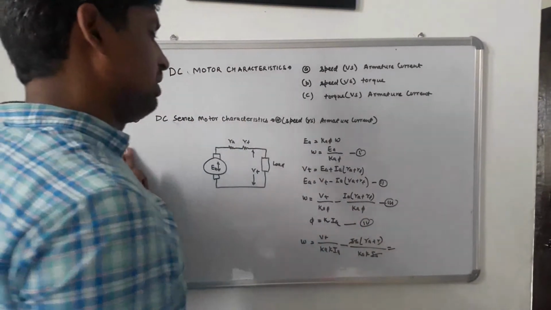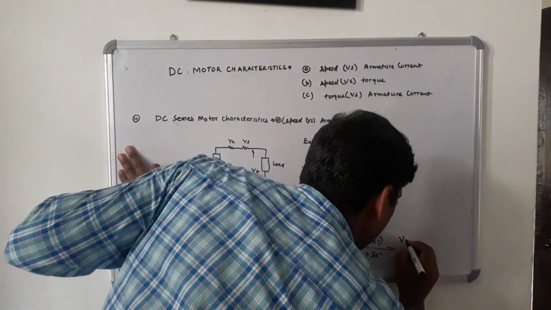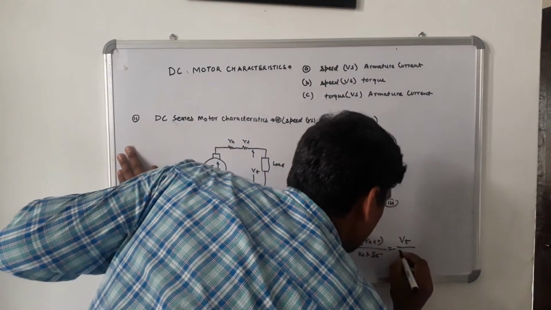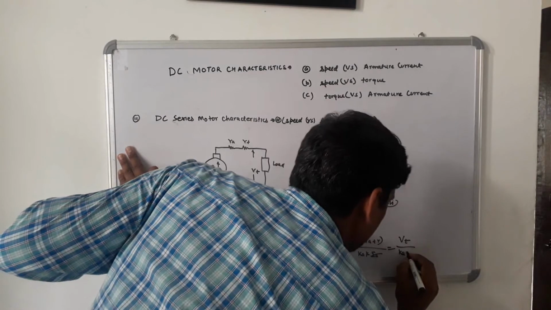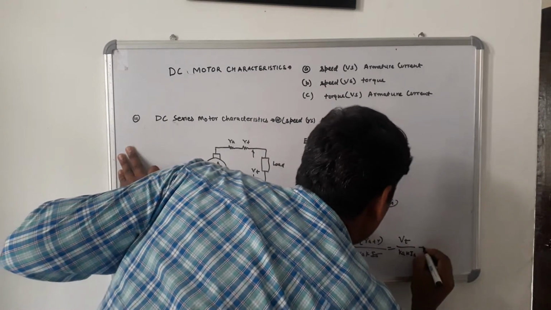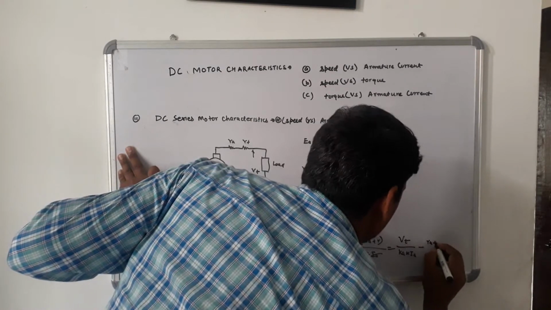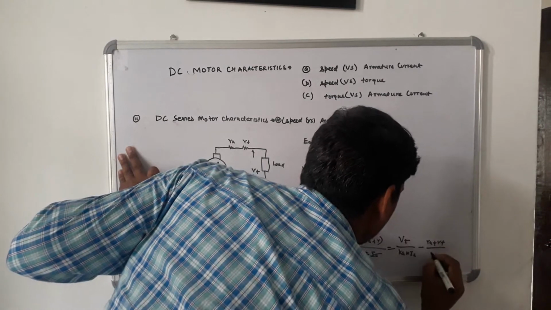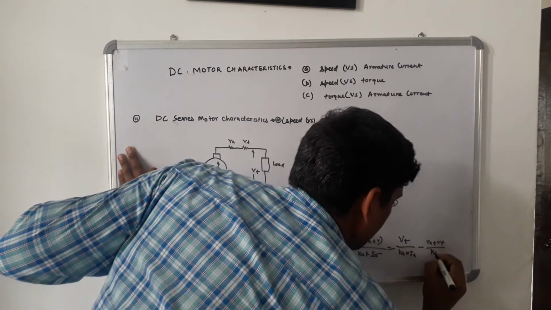This equation will be converted into VT divided by K IA minus (RA plus RF) divided by Ka.